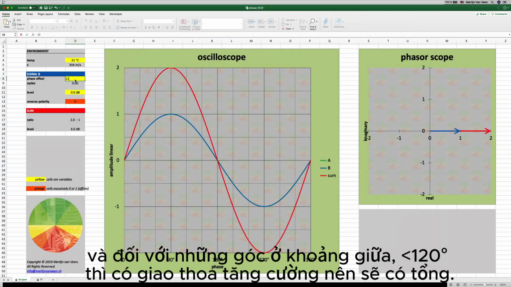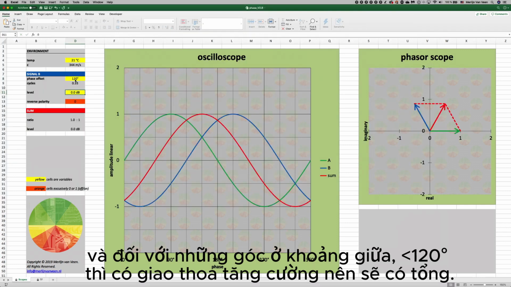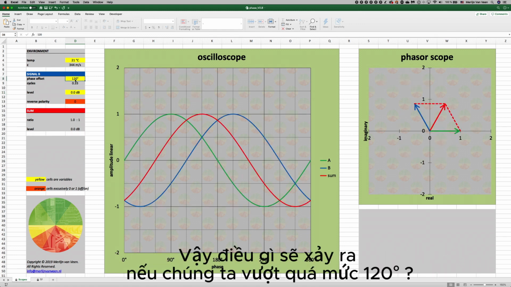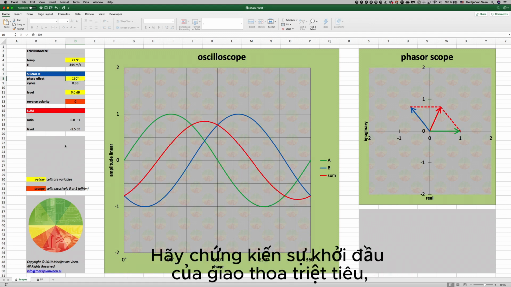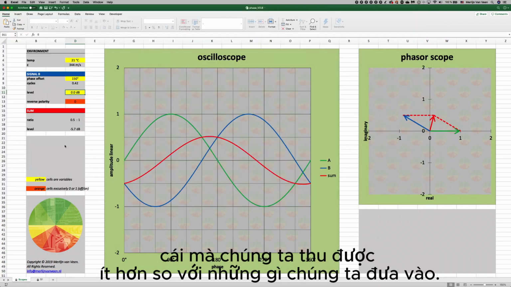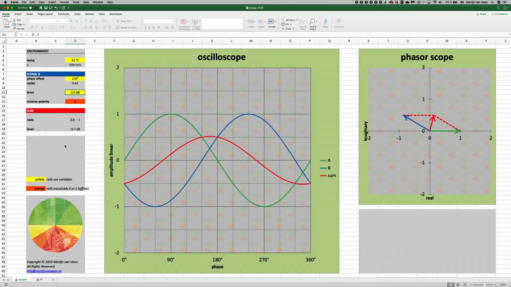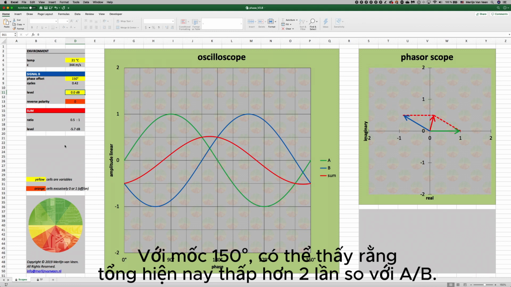But up to 120 degrees, there is constructive interference, there is summation. And you can already tell what is going to happen if we venture beyond 120 degrees, because now we start to witness the onset of destructive interference, where we get less out of it than we put into it. Destructive interference.